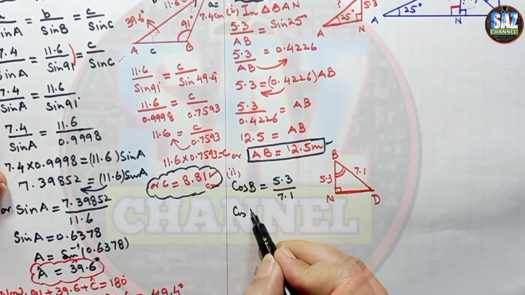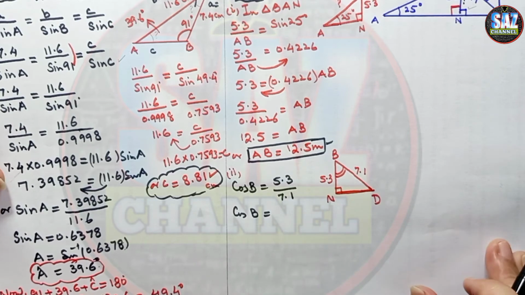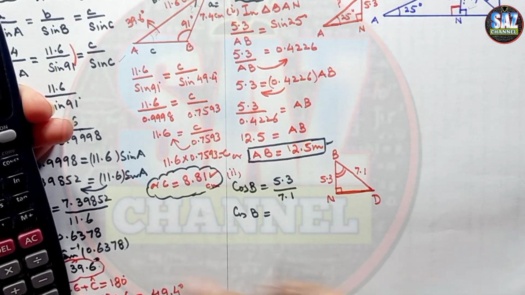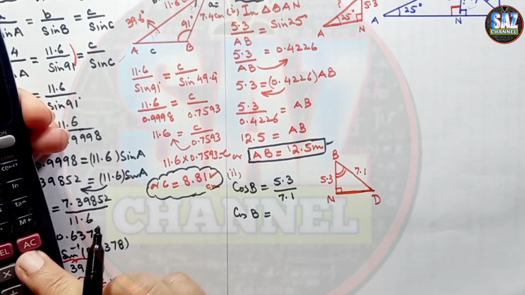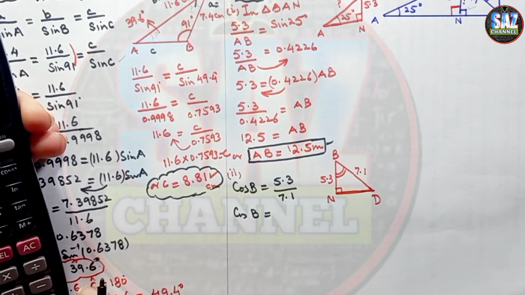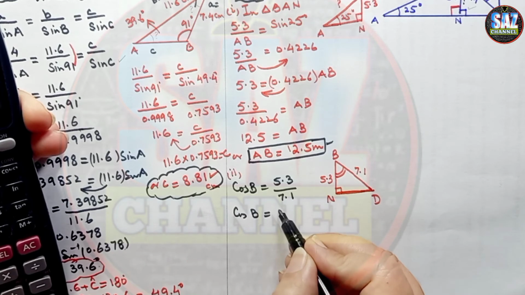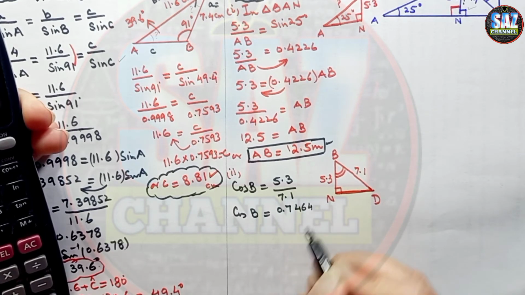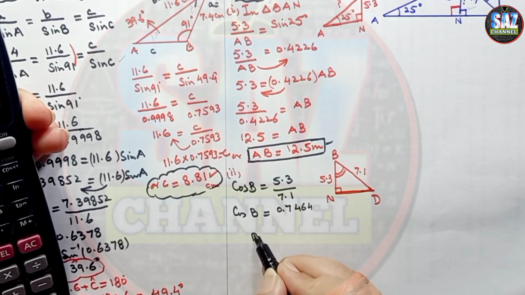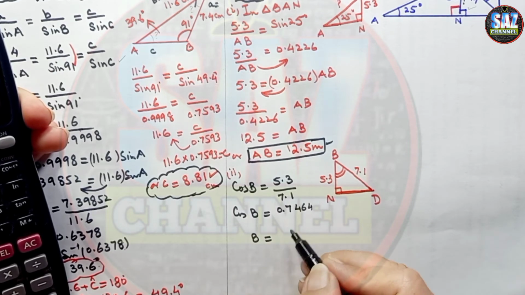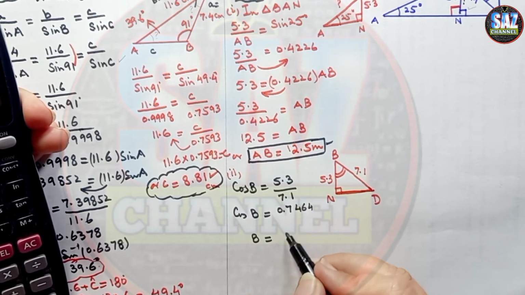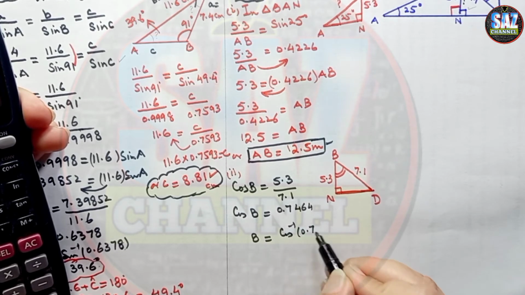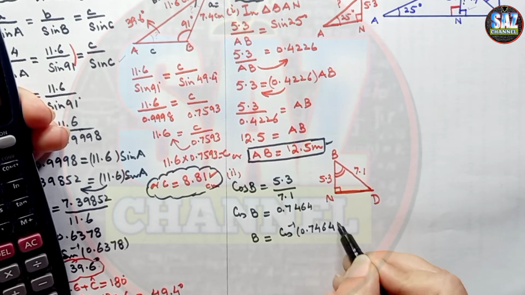Cos B equals, divide 5.3 by 7.1, and this gives me 0.7464. Then in order to get the value of angle B, we have to take cos inverse of 0.7464.